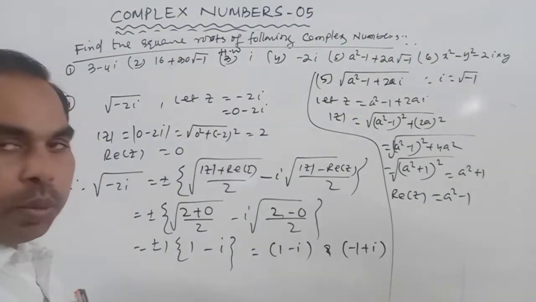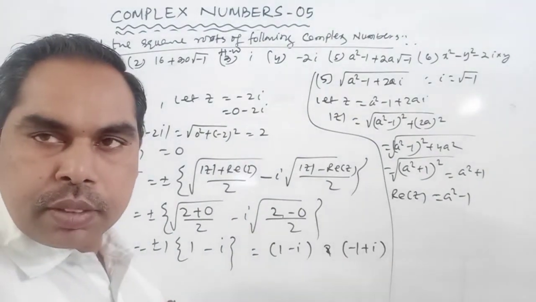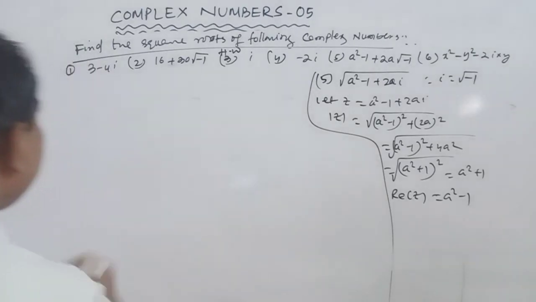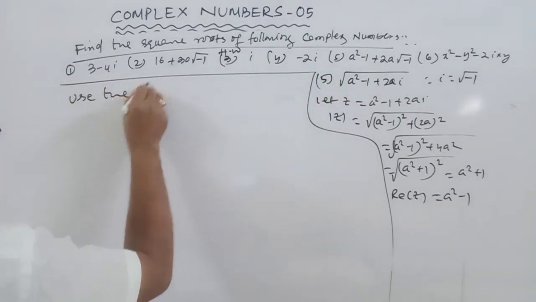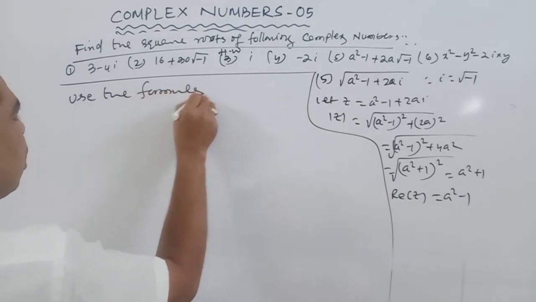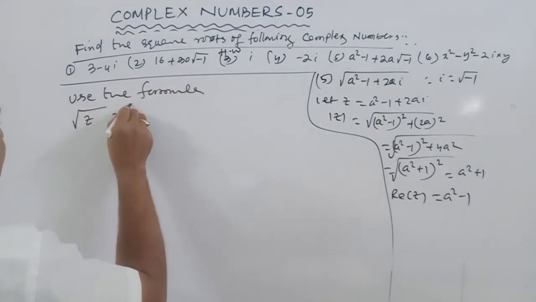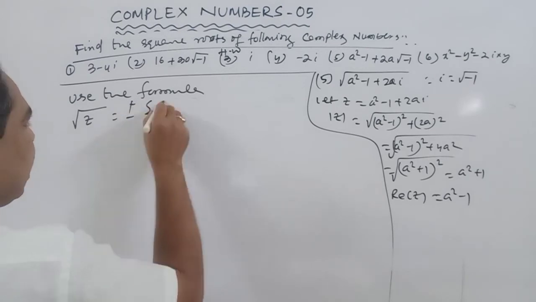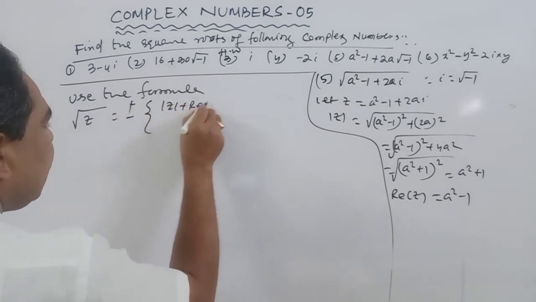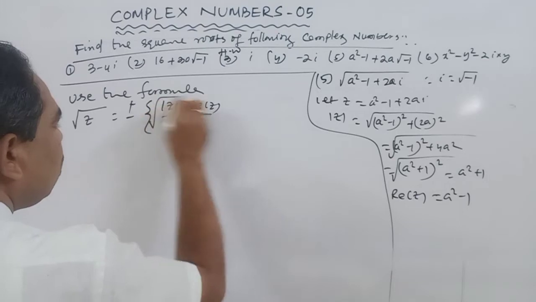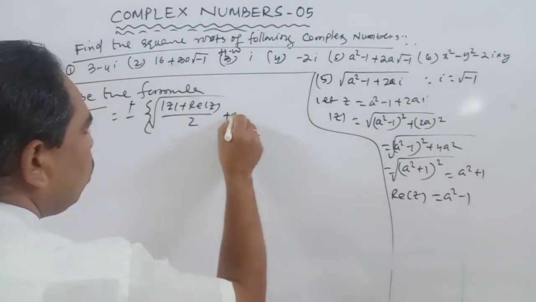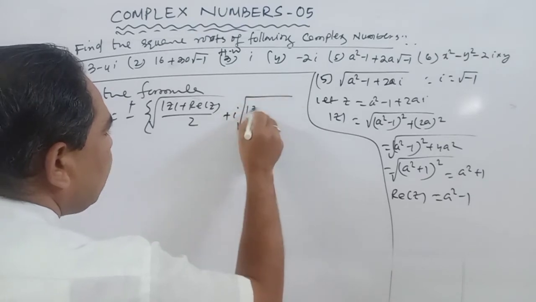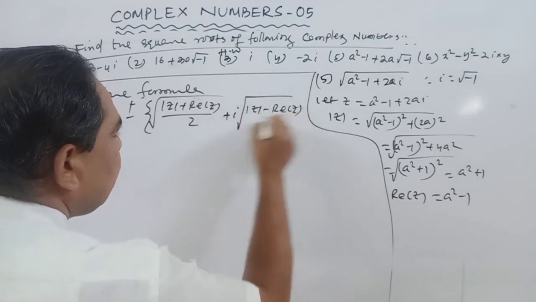Next, use the formula. The square root of z is equal to plus or minus, in curly brackets, the square root of (mod z plus real z) divided by 2, plus, since the sign of the imaginary part is plus, i times the square root of (mod z minus real z) divided by 2.